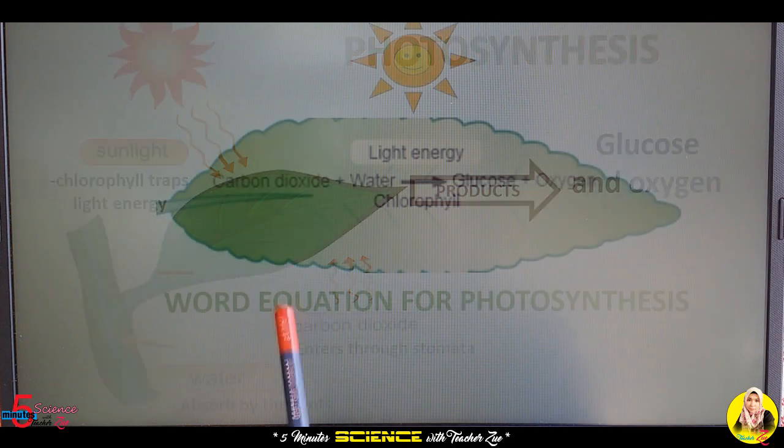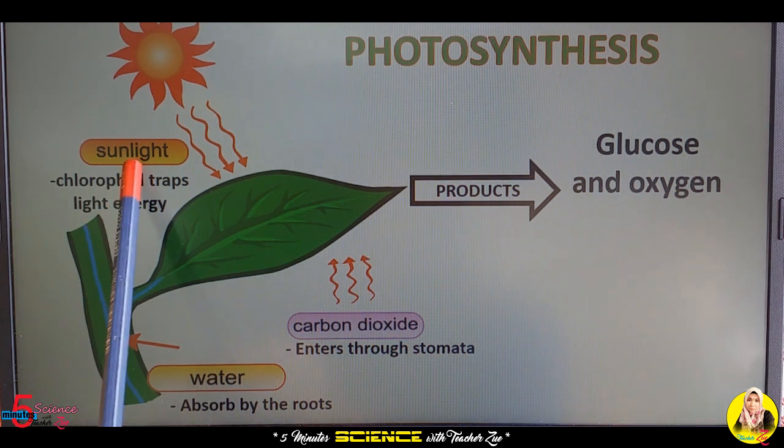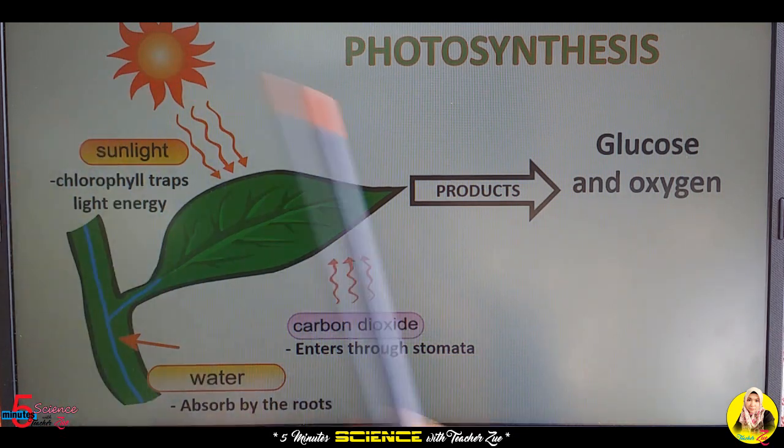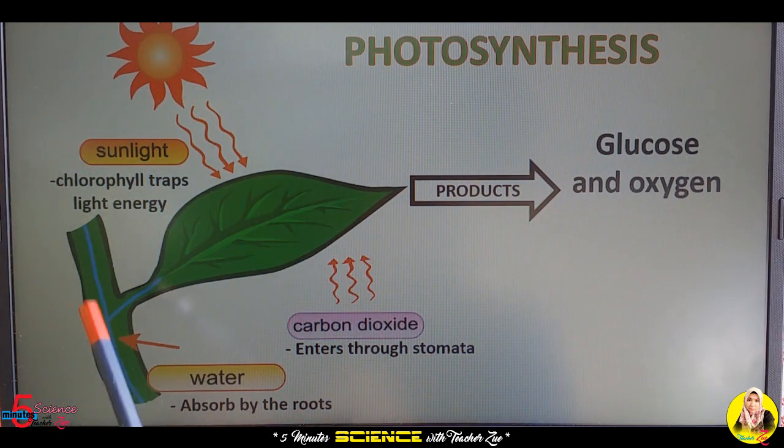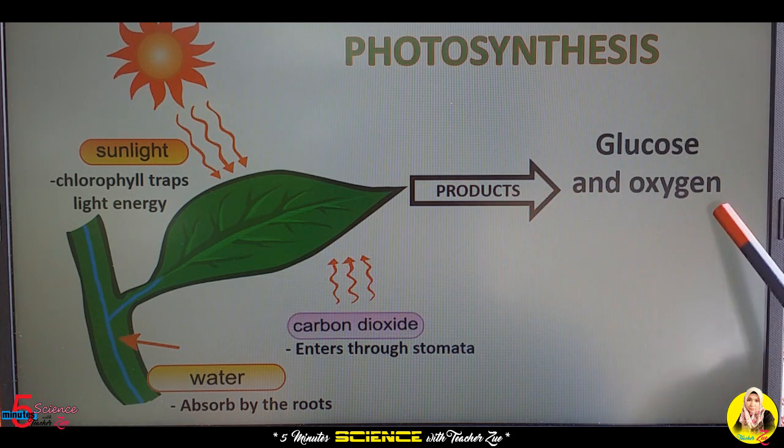Stomata can be found under the leaf. So, when there is carbon dioxide, water, chlorophyll and sunlight, photosynthesis will occur. Then, what will be produced? The product is glucose and oxygen.